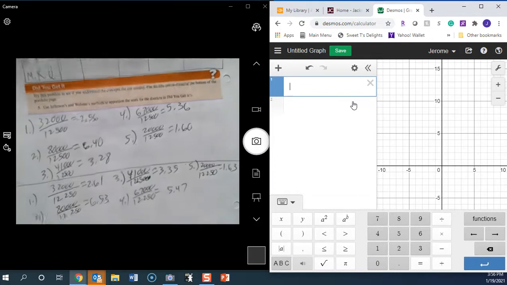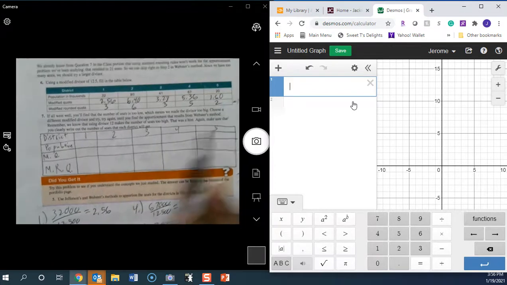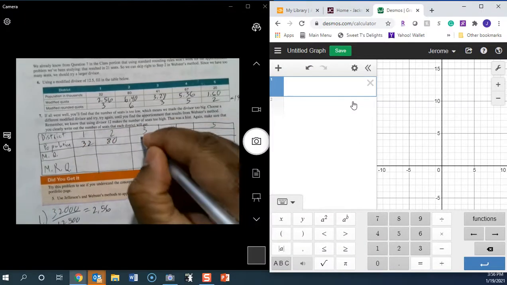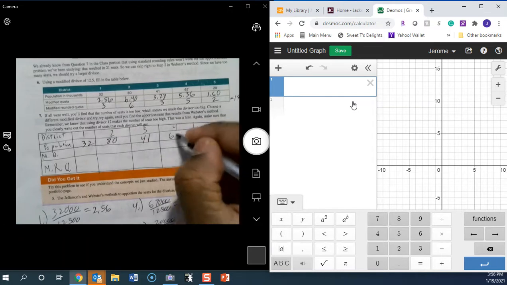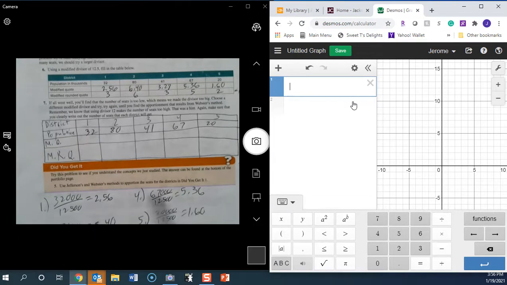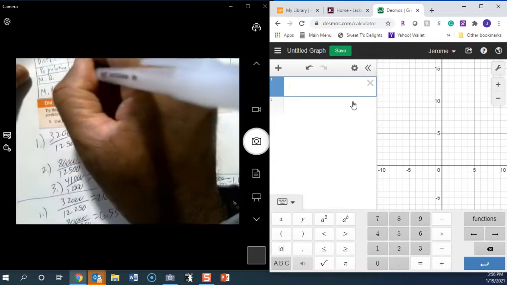Now, that's after we put that all in the calculator. So here I made a table. We had 32, 80 for the population, 41, 67, and 20. Now the modified quota, which we have down here, would be 2.61.